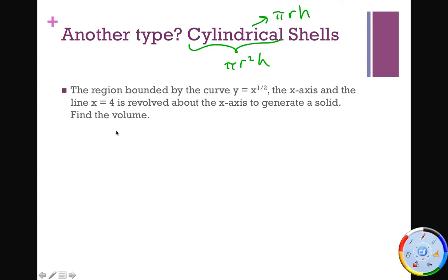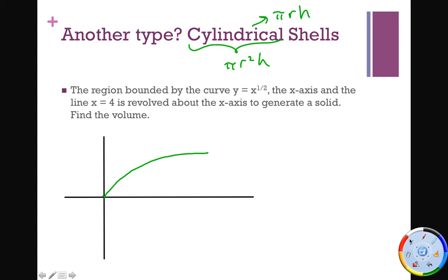So the region with the curve x to the 1/2, or radical x, by the way, the x-axis and the line x equals 4. So here we have the square root of x. Here we have the line x equals 4.